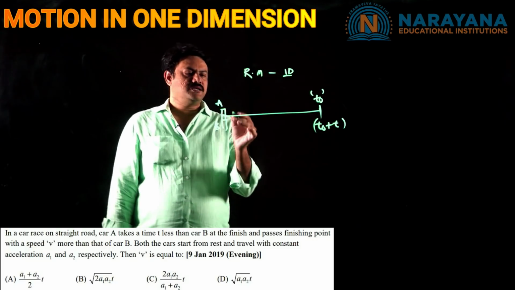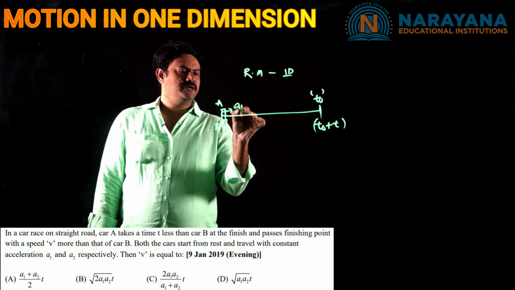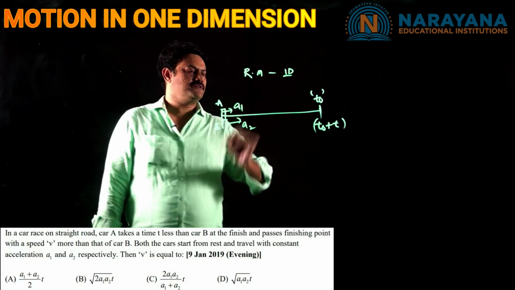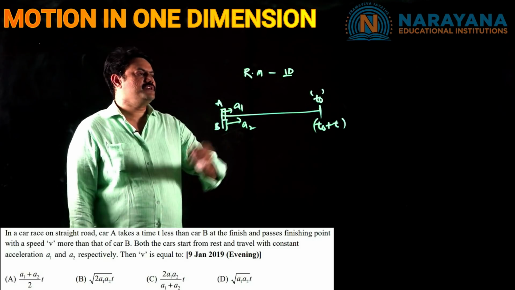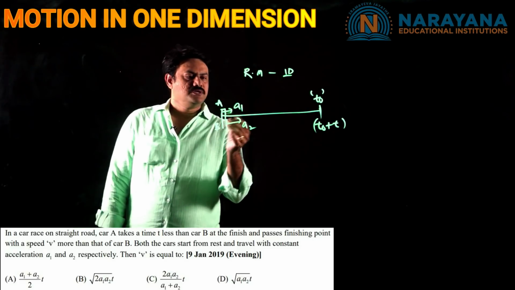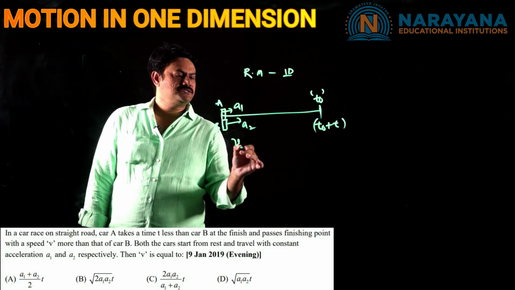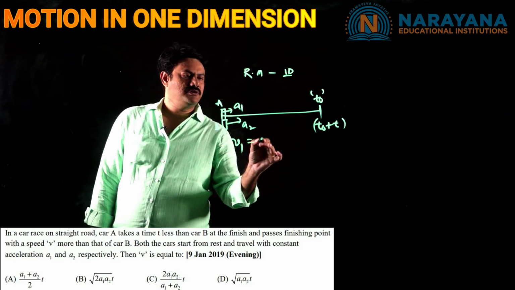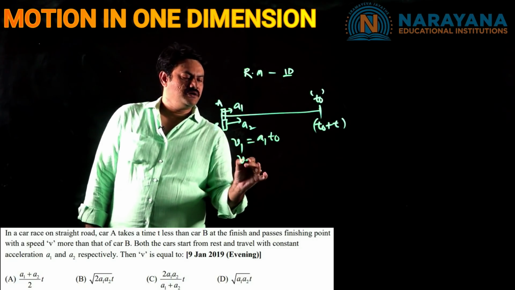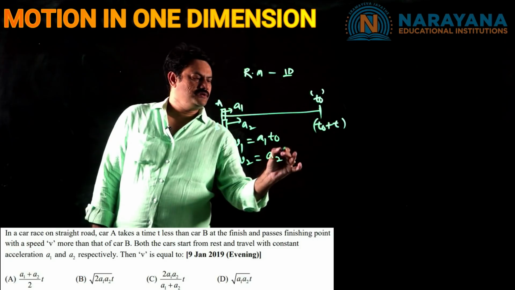And here the acceleration of car A is a1, let it be, and a2 is the acceleration of car B. Both are moving in the same direction. Starting from rest only, the initial velocity is 0. So the final velocities are v1 is equal to a1 into t0 and v2 is equal to a2 into t0 plus t.